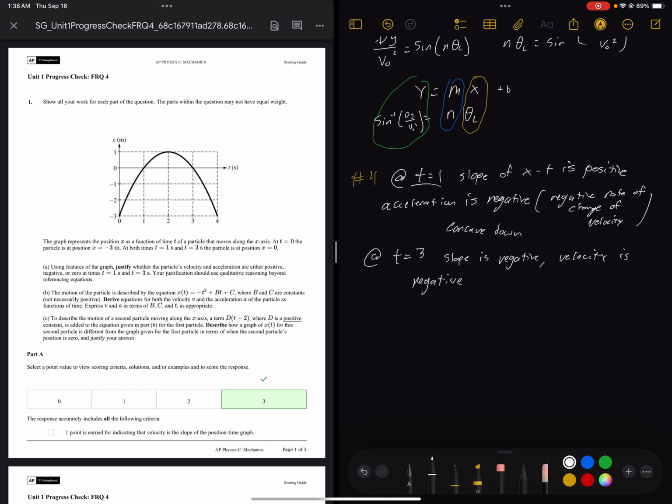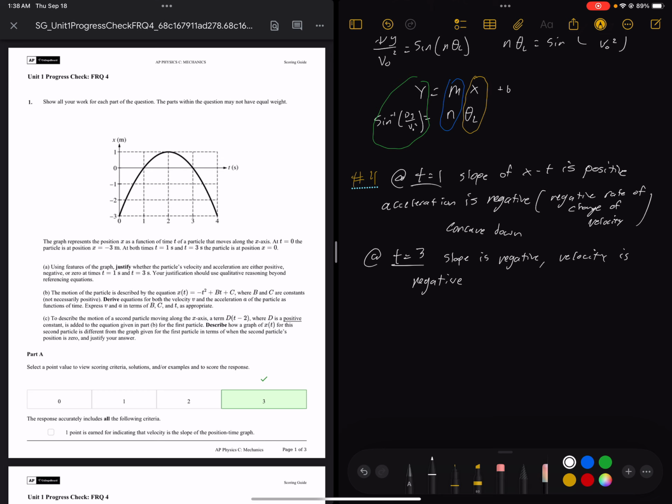So at t equals 1, the velocity is positive. At t equals 3, the velocity is negative. You can also mention that velocity is the time derivative of position. So that's what it means to be looking at the slope of the line. So yeah, that is pretty much it.